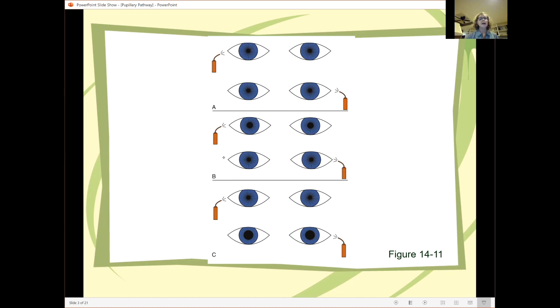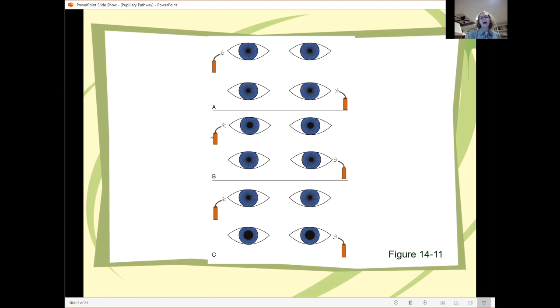Now, B is also a relative afferent pupillary defect, but not quite as severe as what's seen in C. So here again, we are shining a light in the right eye, and you can see that both pupils constrict a little bit. Now we shine a light in the left eye, and both pupils constrict more.